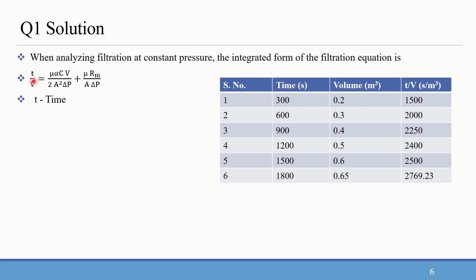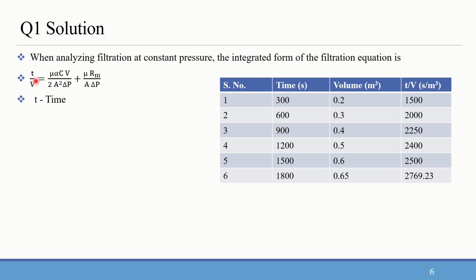It is basically in the form y equals mx plus c. So y is t by V and x here is V. So m, that is mu alpha C by 2 A square delta P, is the slope, and mu Rm by A delta P is the intercept.